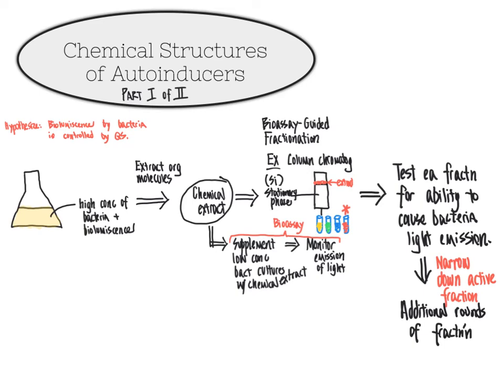And generally that could be by things like additional rounds of column chromatography on a lab benchtop, or using high-performance liquid chromatography, which generally allows higher resolution separation of the compounds from a mixture than is possible using a benchtop column that is run manually.